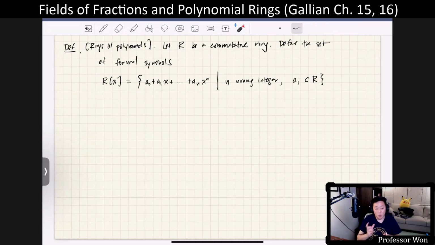So 1 plus x looks a lot like it means 1 added to x. But if it's just a formal symbol, I'm not assuming that at the beginning. I'm not assuming that the symbol 1 plus x is related to the symbol 1, which is also in this set, or the symbol x. What a polynomial is to start with is just an expression of this form, and we're going to be totally agnostic about any of its properties, and then we're going to declare its properties later.